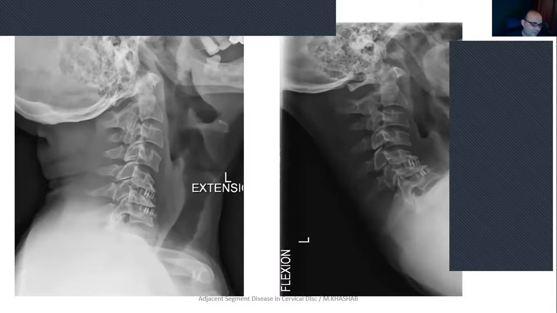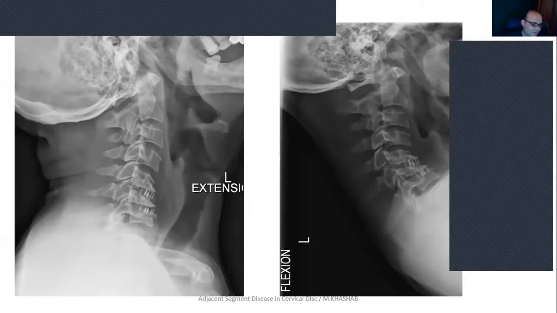He does dynamic flexion and extension X-rays for the patient, and he looks at the distance between the spinous processes for each segment he fused. If you look at the lower level in extension, and then look at how it gaps in the flexion view, you can see there is a big motion at this level.